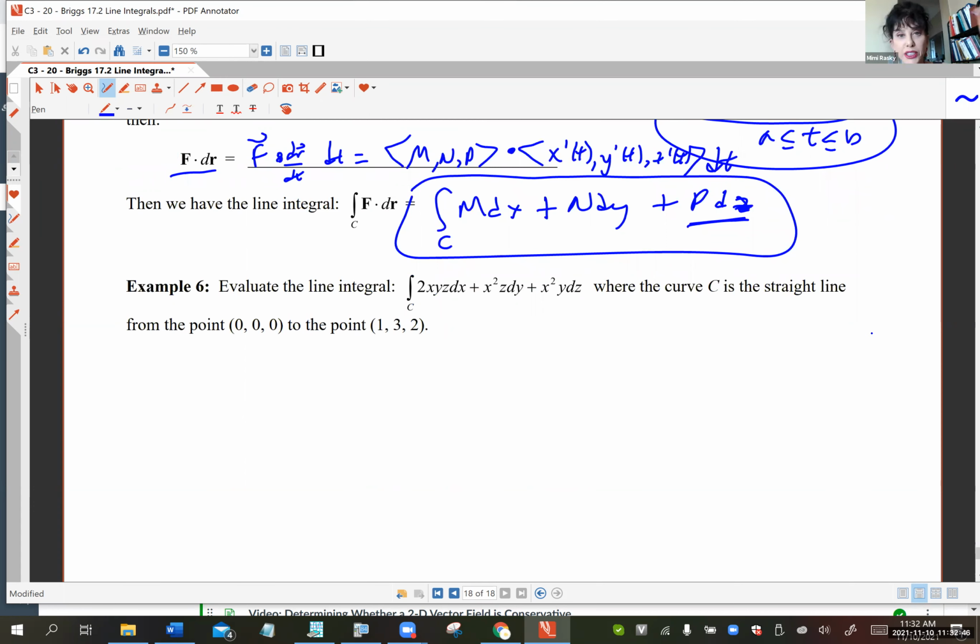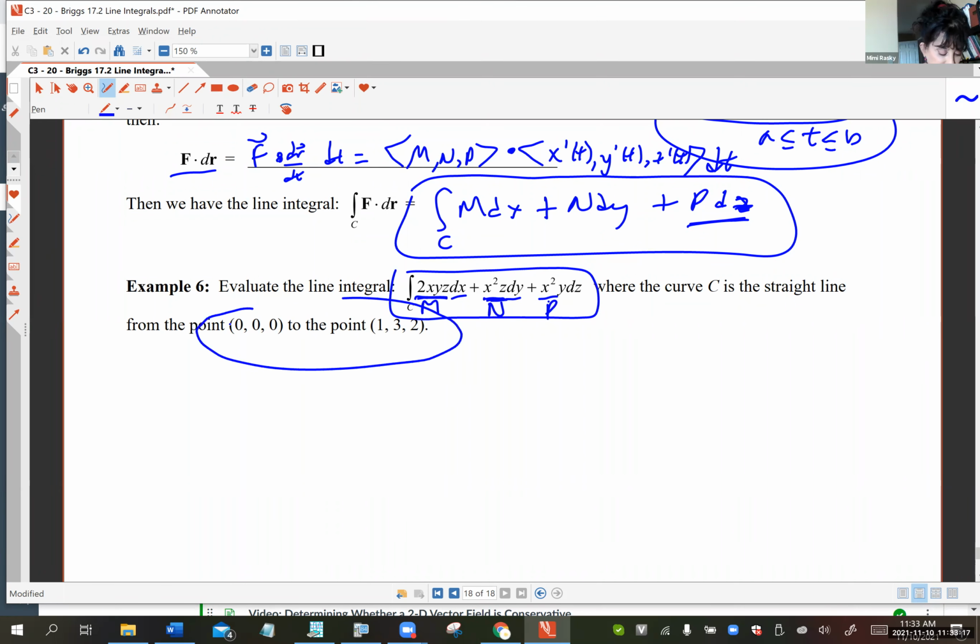So let's take a look at doing a 3D differential form. We're going to have to parameterize, but it's an easy parameterization here because it's a straight line, and you know how to do straight line stuff since we studied that in the first module. So here's your 3D differential form: what multiplies dx is your M, whatever multiplies dy is your N, and P multiplies dz.